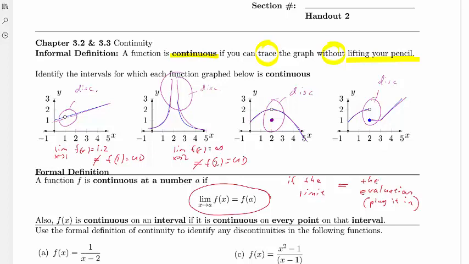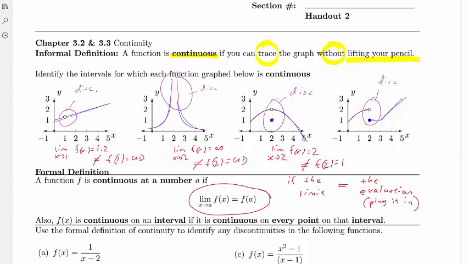Right, so they don't equal each other. It's not continuous. And over here, if I say, what is the limit as x approaches 2 of f of x? Well, that's going to be 2. But if I evaluate at 2, I get 1. Right? They don't equal each other.